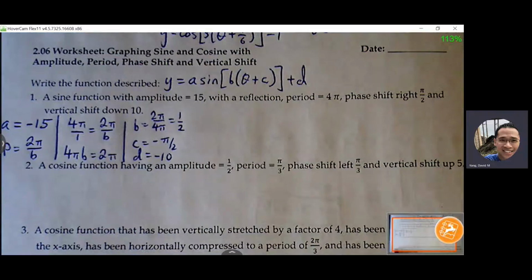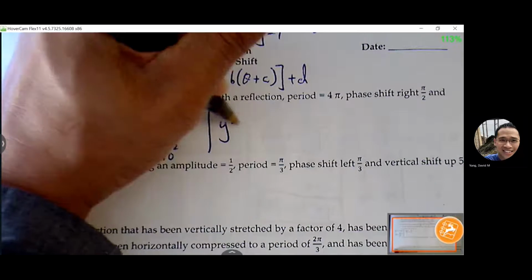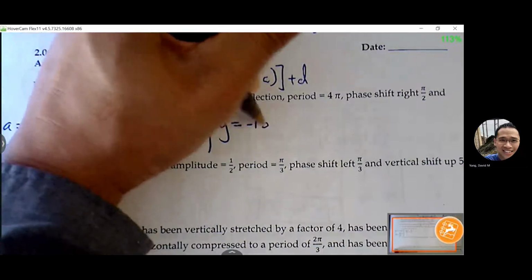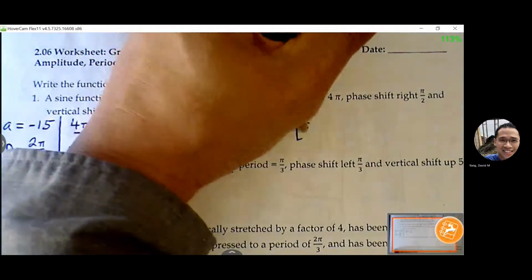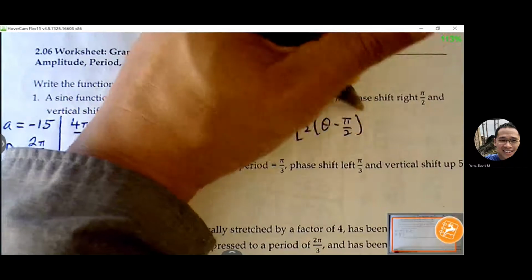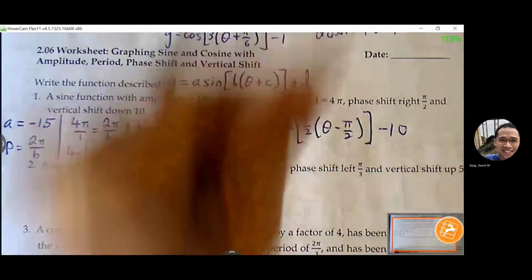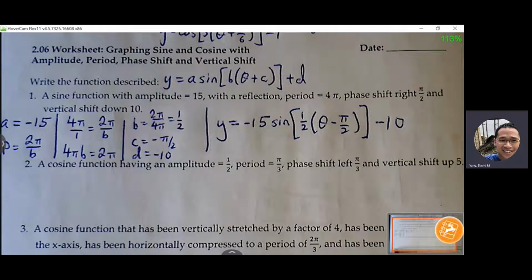So we put everything in. Okay. Any questions with number 1?